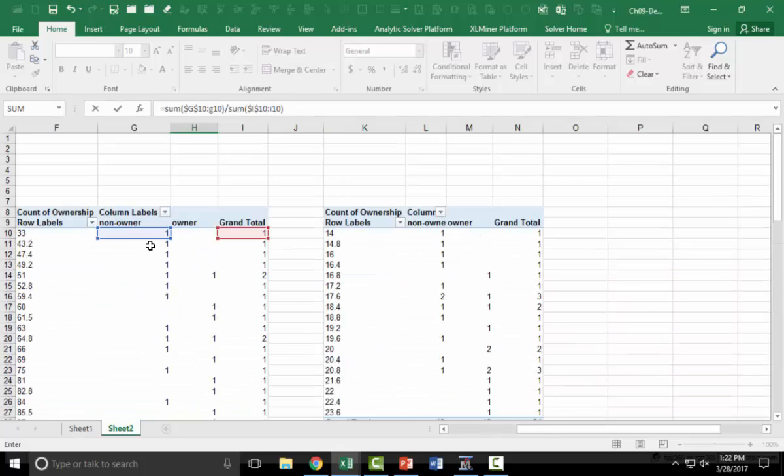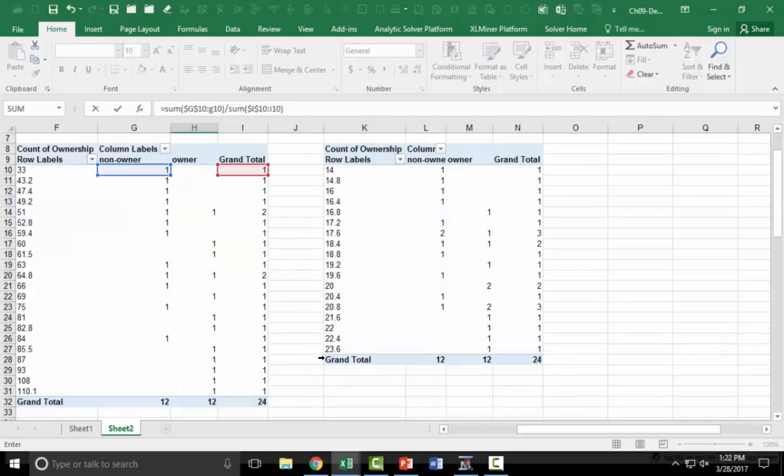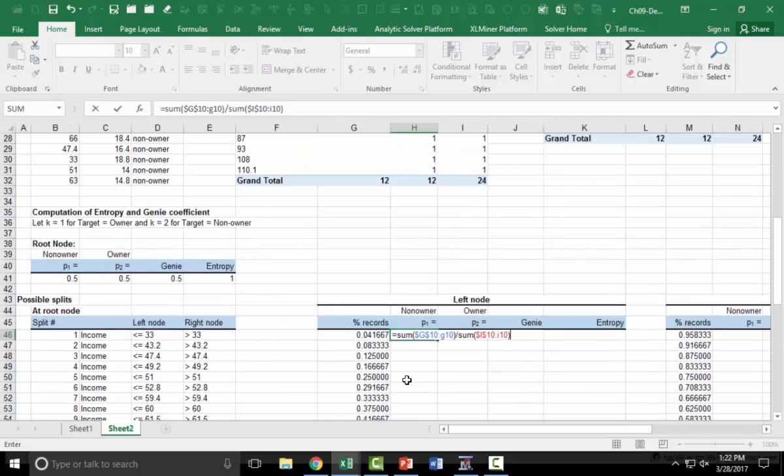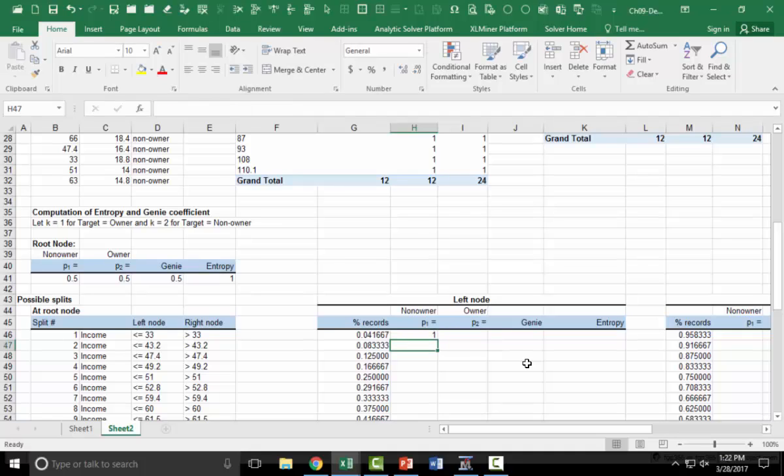So it will be that divided by that, and then the sum from here on down to the split level, sum of this column divided by sum of this column. That will give you the proportion of non-owners. That's your P sub 1. First time around, this one is 1. So the percentage of owners then is 1 minus that.